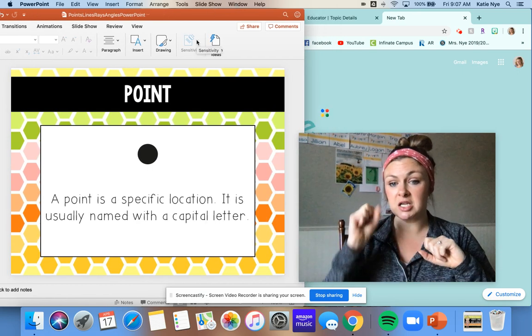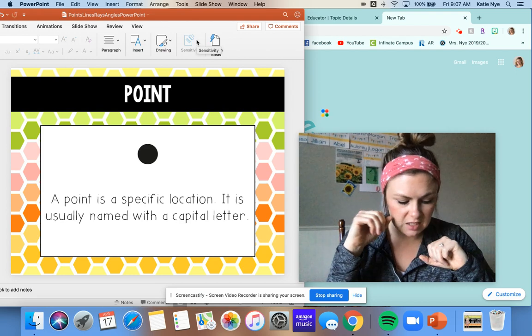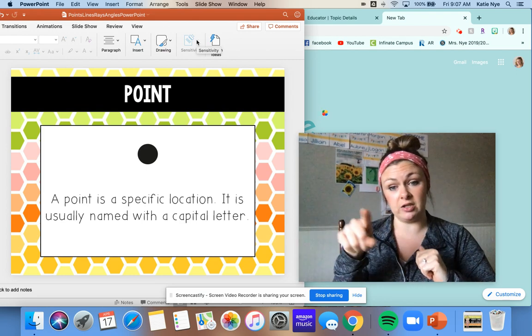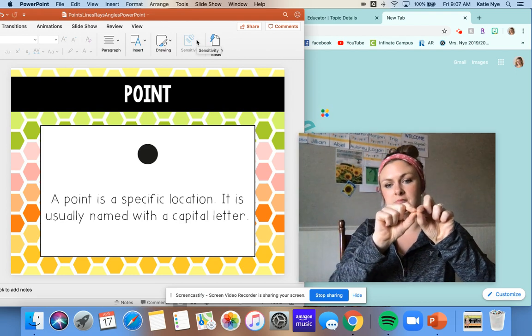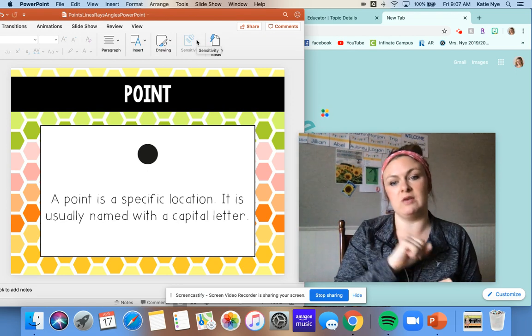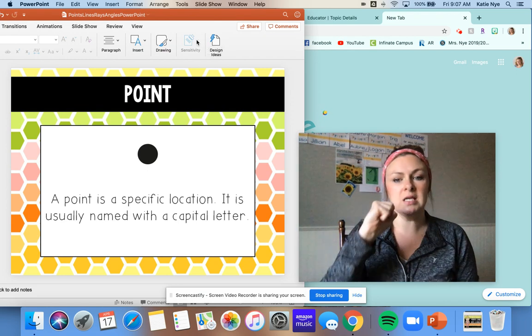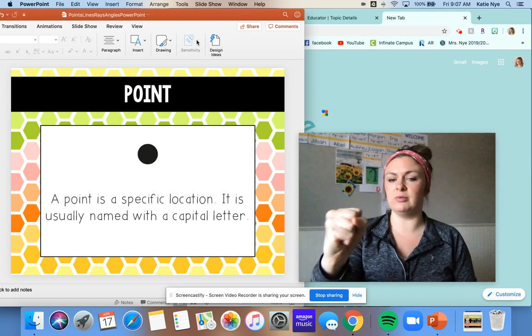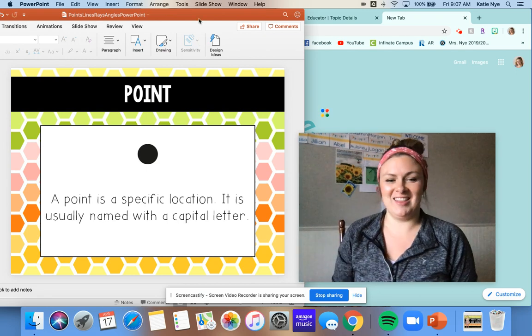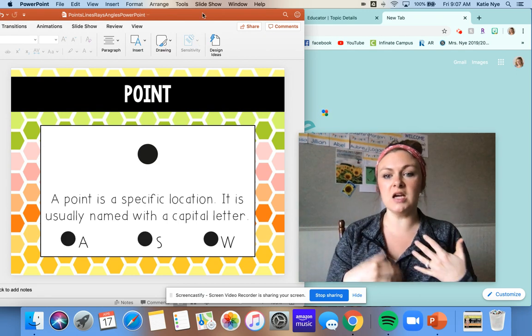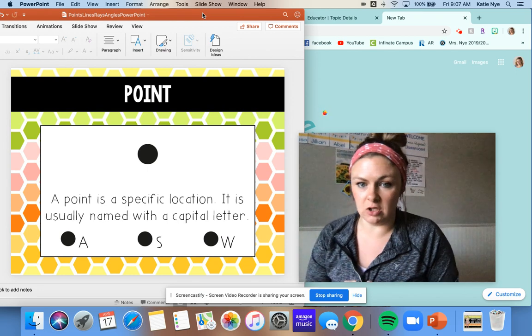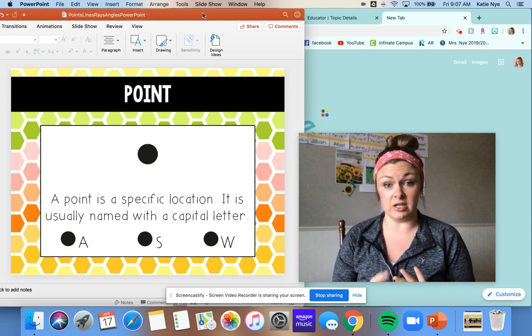So when we're talking about a point on a piece of paper, we're just talking about that little spot, or on a number line, if there's a dot on it, we're talking about just that one spot. So everybody show me your point.